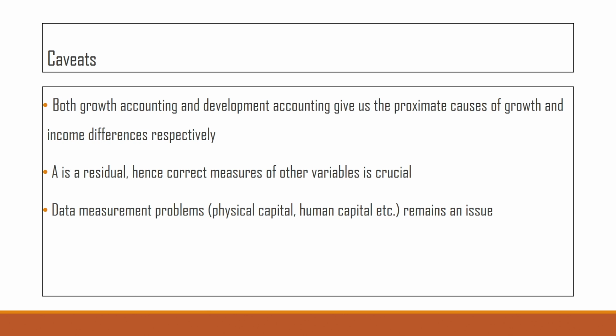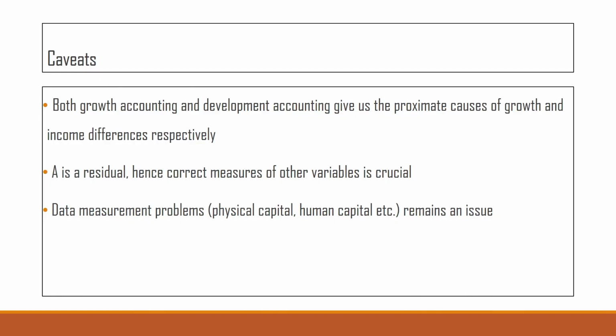And because it is treated as a residual, this kind of concern always remains: whatever could not be accounted for by other factors has now become a part of A. So it can be anything apart from productivity that has now become a part of A. And apart from the productivity measurement issue, there are also several measurement issues that have been pointed out regarding physical capital, how it is measured, regarding human capital, etc. So one has to be very cautious while doing exercises like this, and most importantly, while making inferences based on exercises like this. Okay.